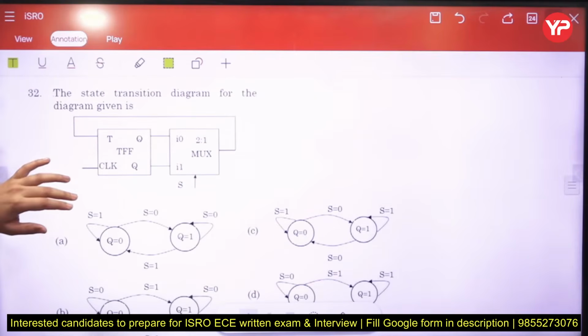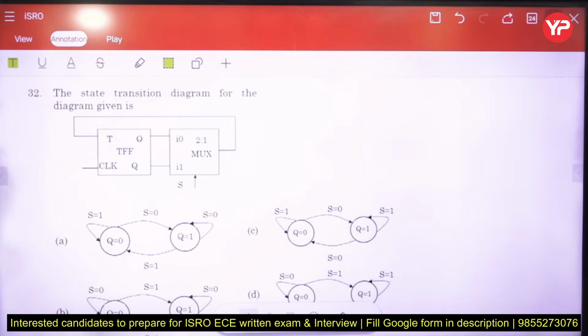Next one is, this is also a very good question. The state transition diagram of the circuit for the diagram given.